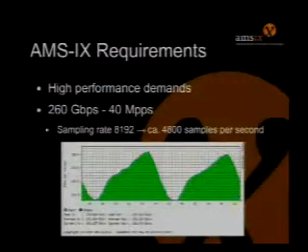A bit more on AMS-IX. We have really high demands on performance. Currently it's a bit more because I prepared the slides last week, but I think it's 280 gigabits per second right now. So if we end up with a sampling rate of 8K, we get 5K samples per second, and the samples are packed in UDP datagrams of 5, 6, 7 samples per datagram.